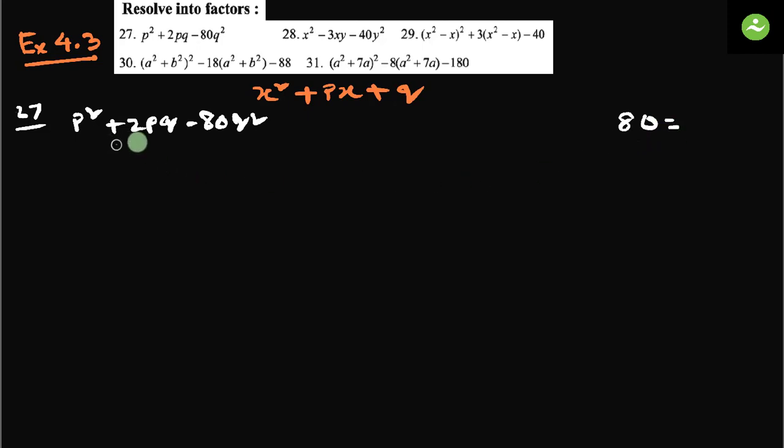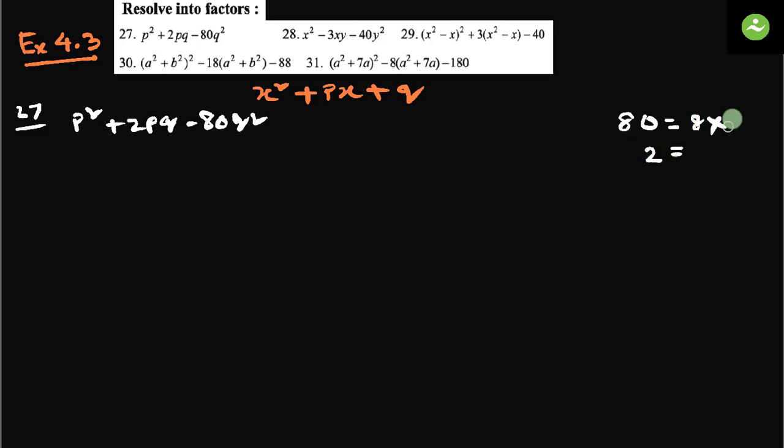Again, the sum of those factors has to be plus 2. So what can be those factors? 4 into 20? No. 5, 16? No. Then, if not 5, 16, what about 8 and 10?